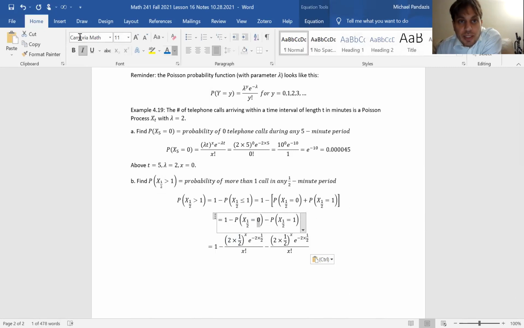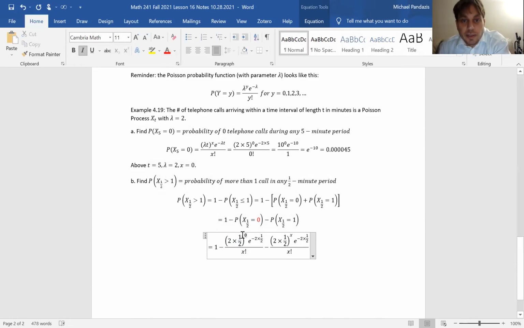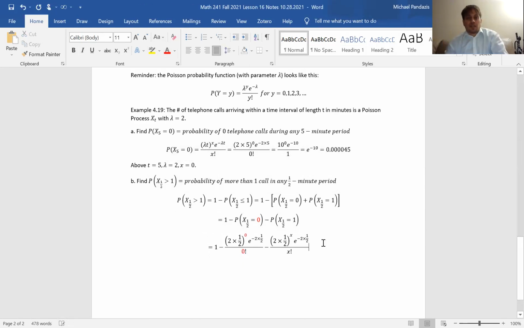So for this term, x is 0. So I'm going to color this in red. And so that's going to correspond with this x here, which is going to be in red. Okay, and now this x is also going to be 0, okay, because of that right there.